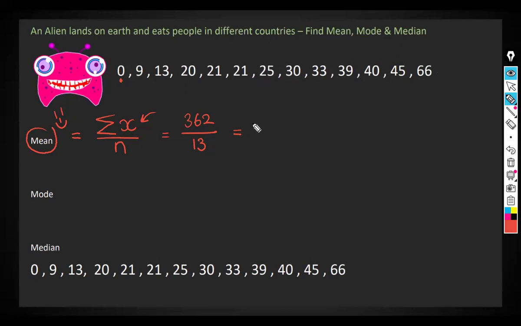And when you do that, you're getting 27.85. If you round it off to 2 decimal places properly, like I said, I don't want to fight about the 2 decimal places. So 27.8 anything, I will take it as correct. For those who got it wrong, let me know. Add it back up and make sure you're seeing 362.